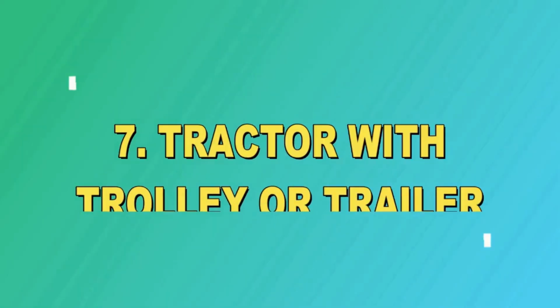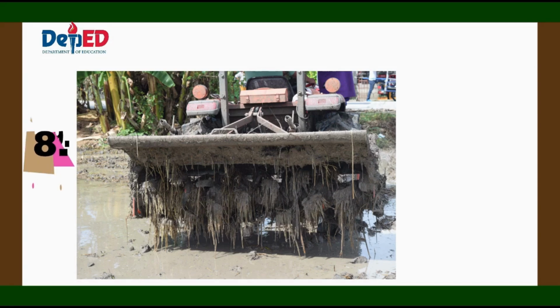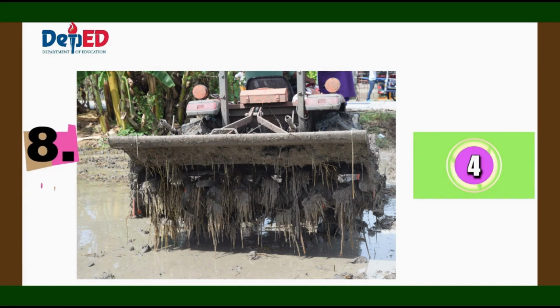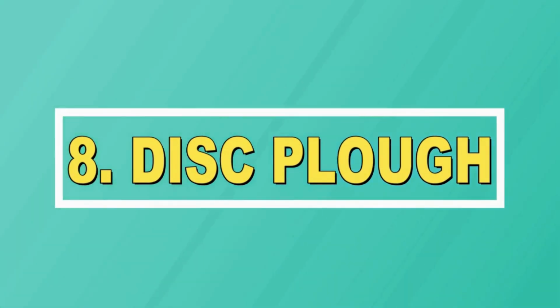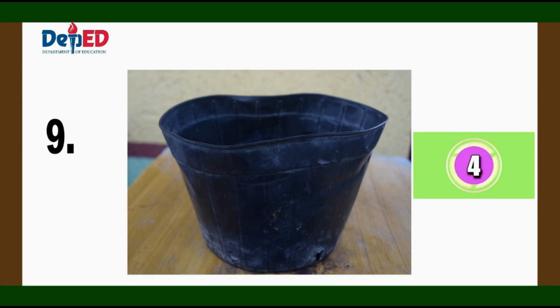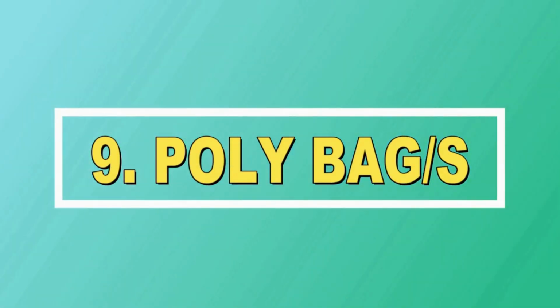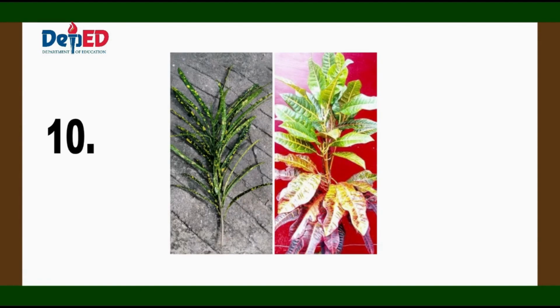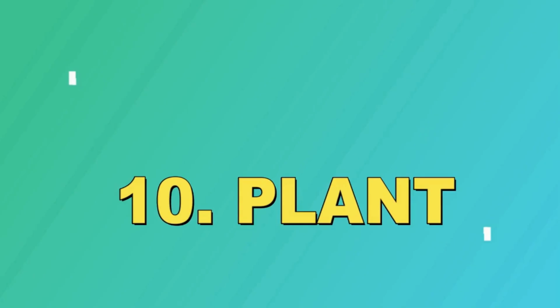The answer is tractor with trolley or trailer. The answer is disc plow. The answer is polybags. The answer is plant cutting.